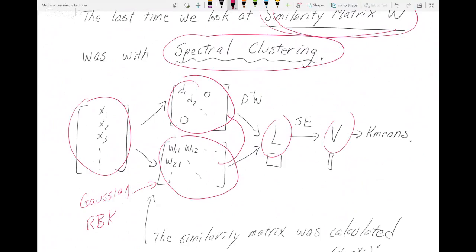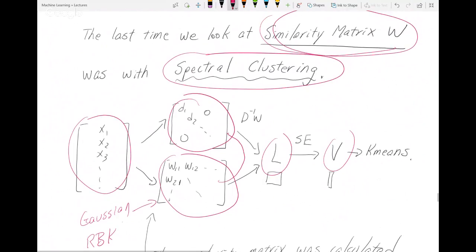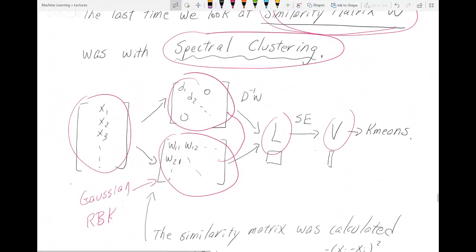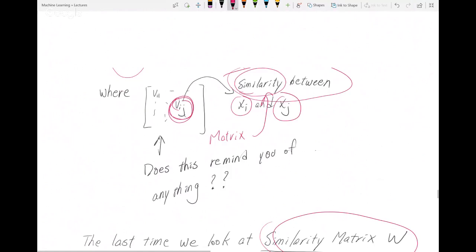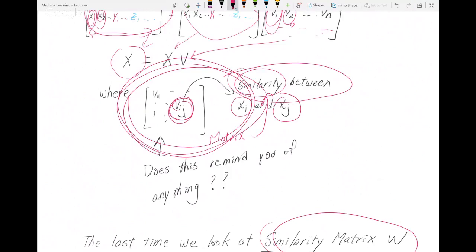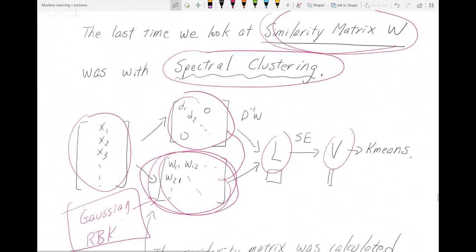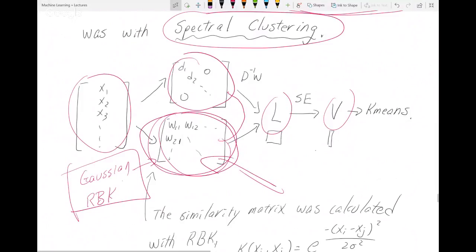So instead of using this Gaussian kernel, we can actually use subspace clustering, by finding this V, which is the similarity between xi and xj, and replacing it here. And that's why it's interesting to find this.